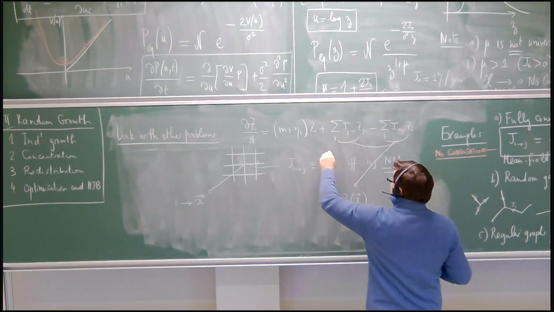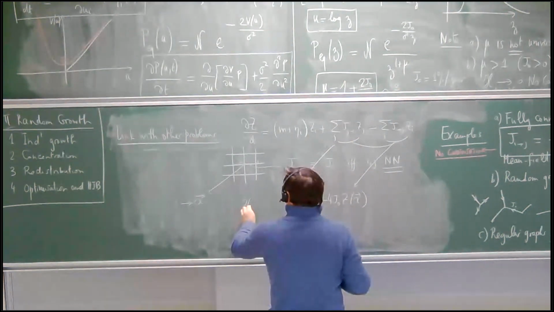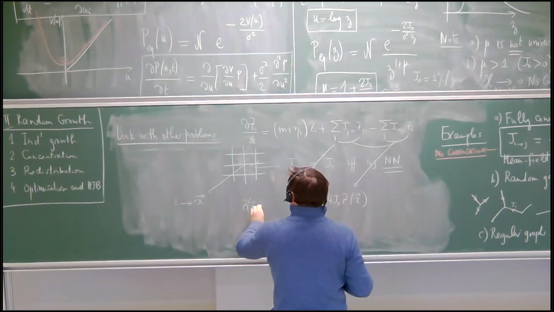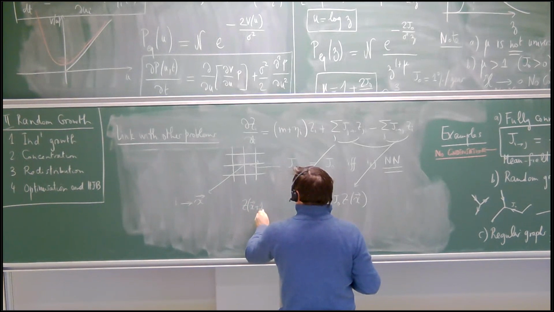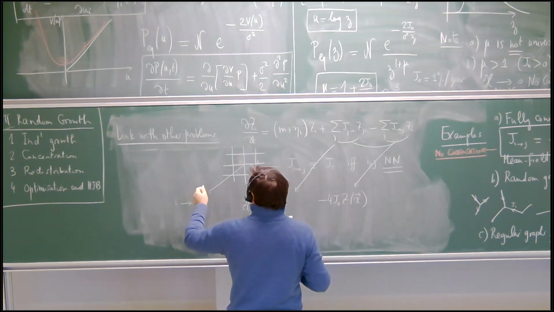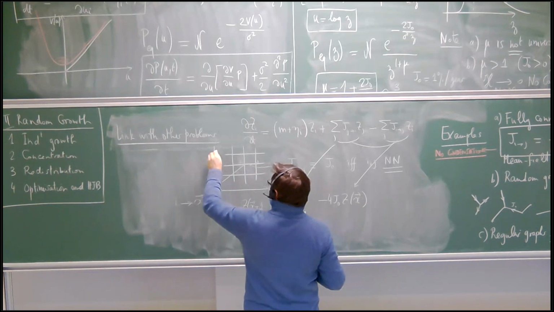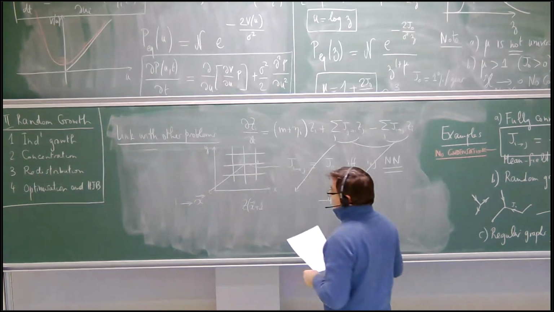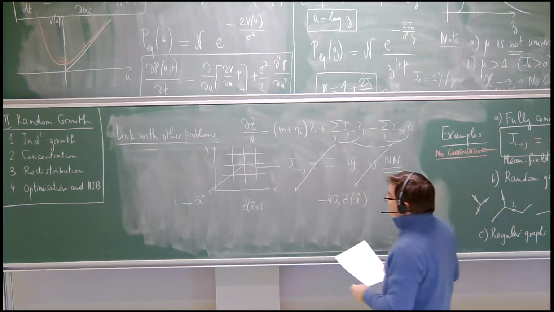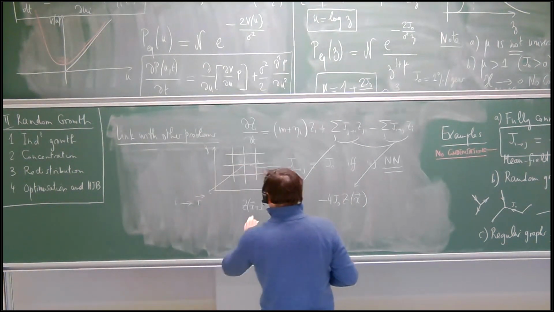And this term is going to give me z of x plus 1 in the x direction and the y direction. Maybe I should call this r and not x, right? r.